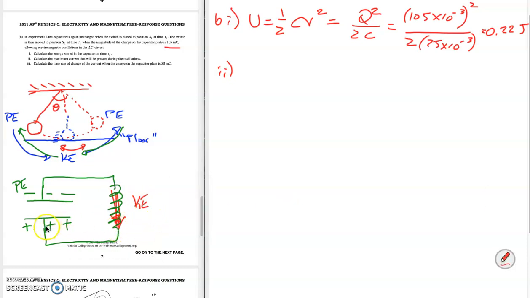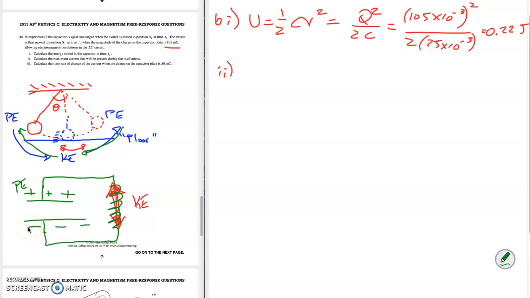And then what's going to happen is those positive charges are then going to build up a current in the opposite direction in the inductor, and they will come around and they will end up being on the top. So these negatives will turn back into positives, and those positives across the bottom will turn back into negatives.